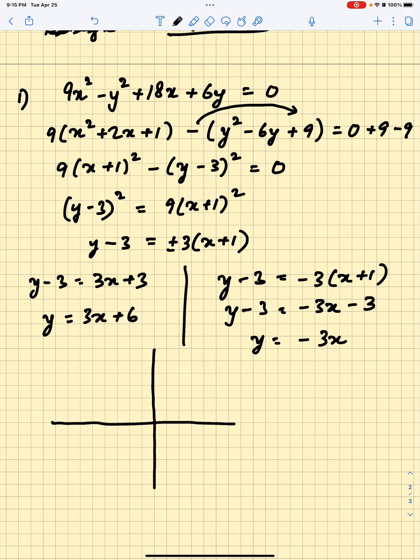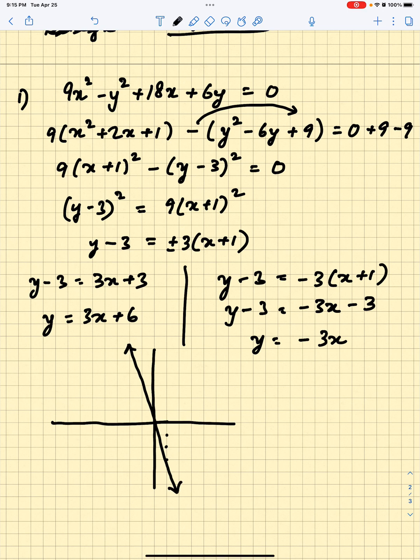For negative 3x, when x increases by 1, y decreases by 3. So this is one line passing through the origin, right?